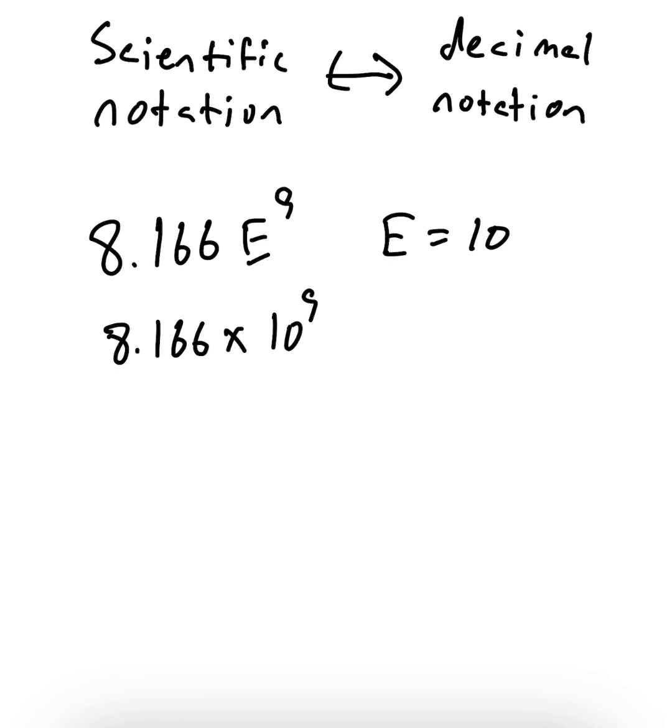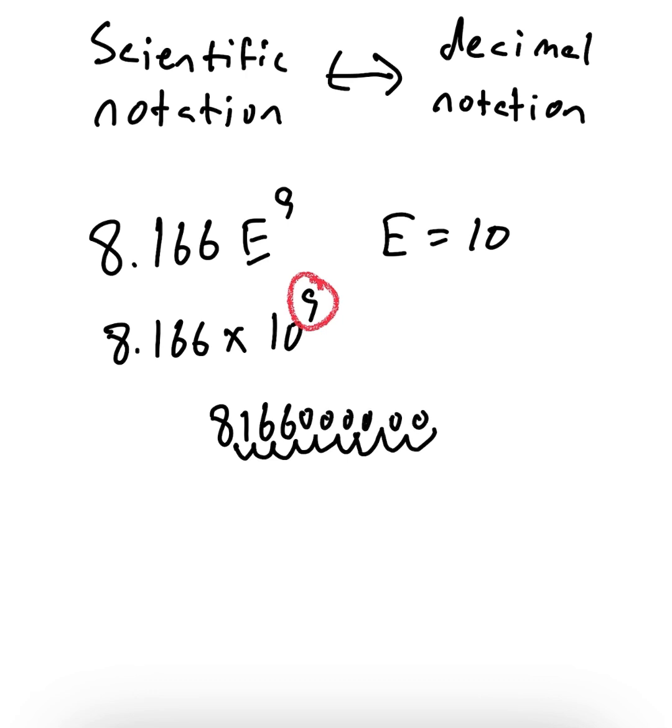Now we're just going to write our significant figures, 8166, and we'll start where our decimal point is and start drawing our arcs to the right since our exponent is positive. 1, 2, 3, 4, 5, 6, 7, 8, 9. And we'll fill our arcs with zeros. We have 8166, 0, 0, 0, 0, 0, 0.